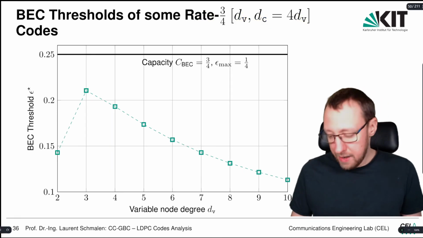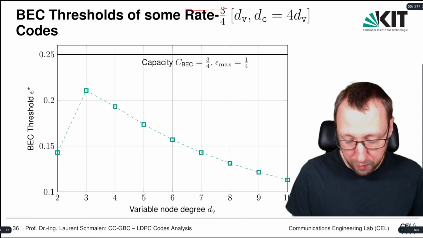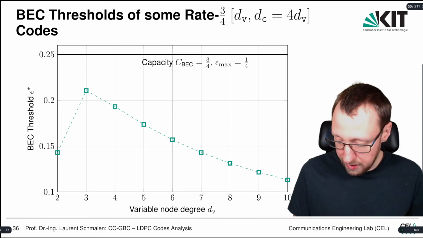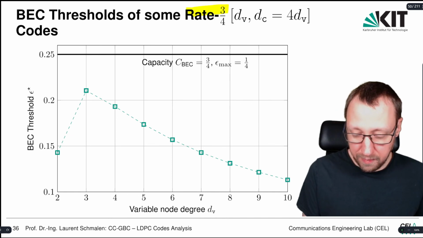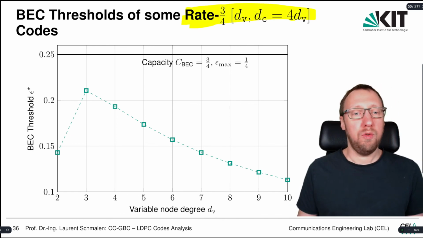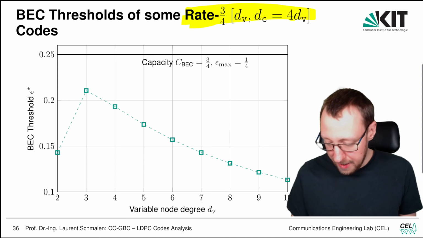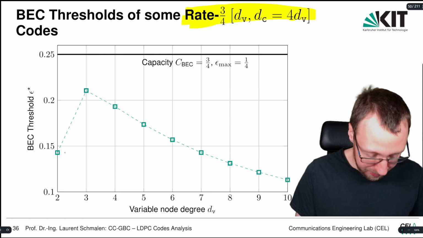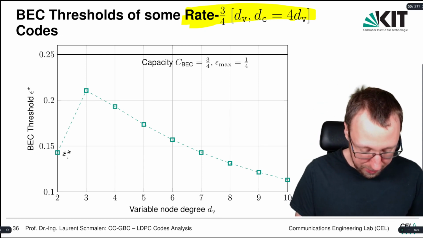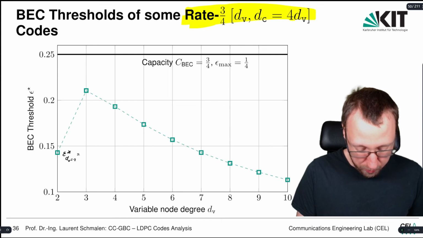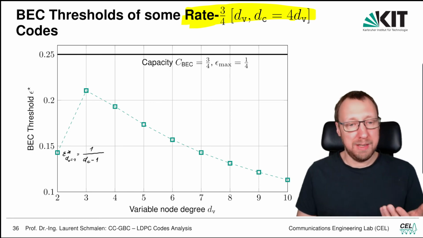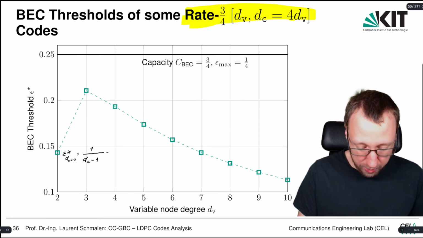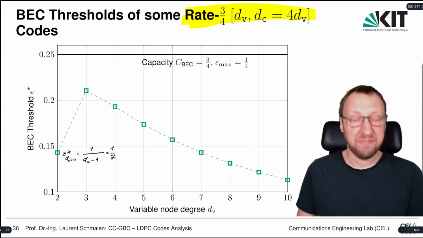So this is an example for rate 3/4. Here we have dc equal to 4 times dv, and here we have an epsilon star for dv equals 2, which we recall is 1 over dc minus 1. So dc is 4 times dv, so it's 8, and it's 1/7 in this case.